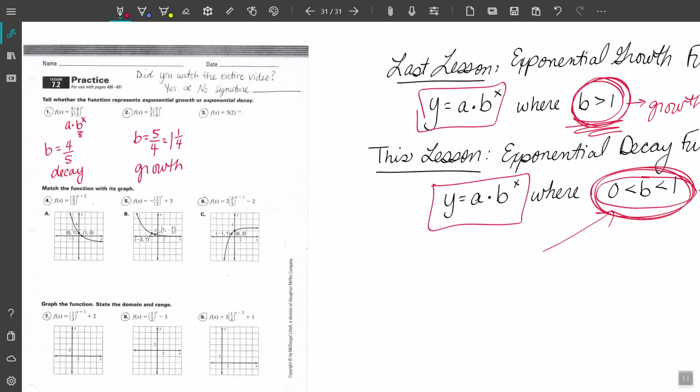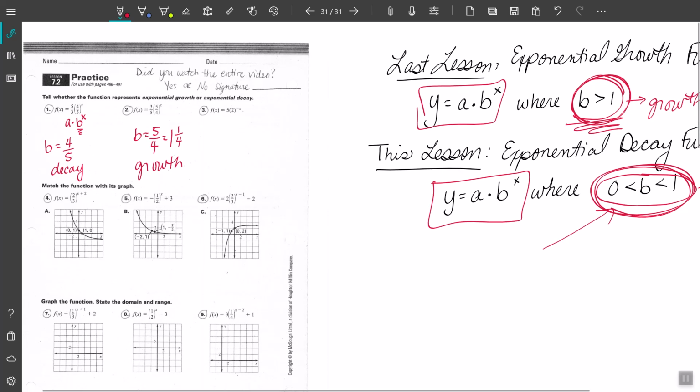And then number 3 is a little tricky, because if you're looking right here at this b value of 2, all right, so it's the one being raised to the exponent. However, it's being raised to negative x. And so if we were to actually simplify that so that we got rid of the negative exponent, this would really read 1 over 2 to the x power.